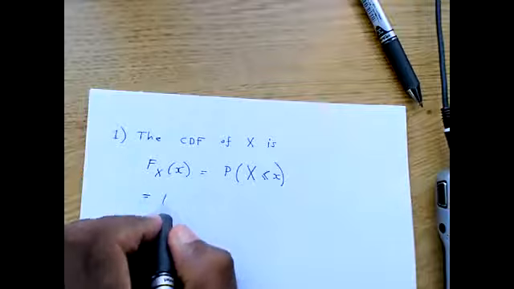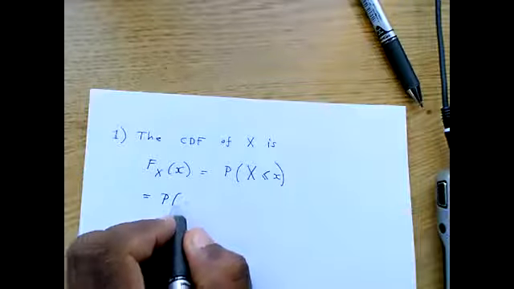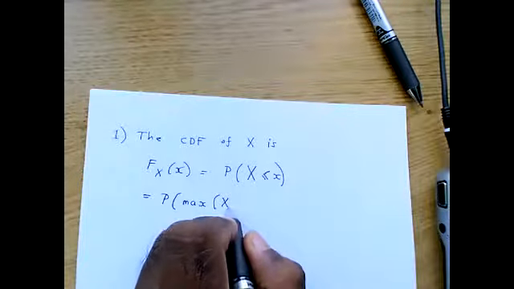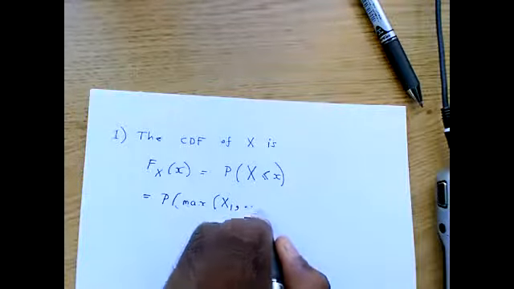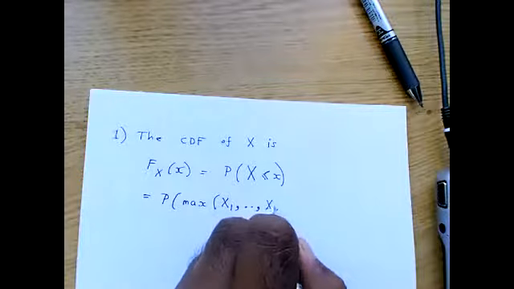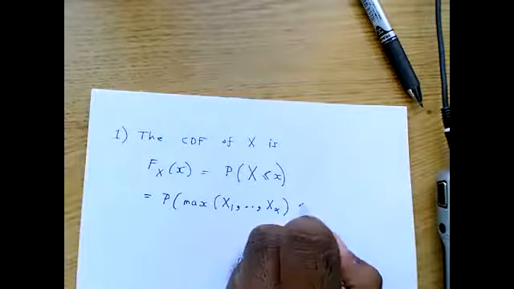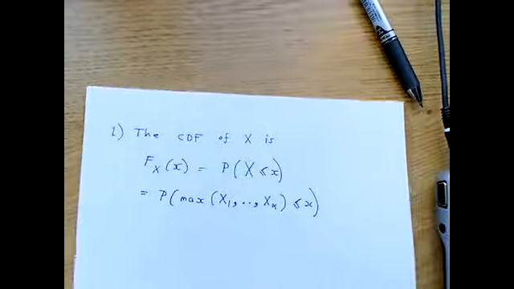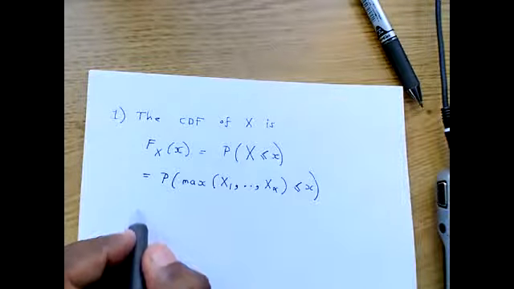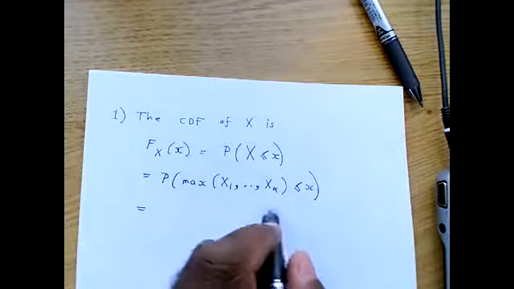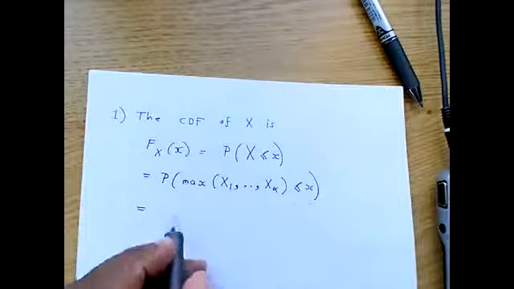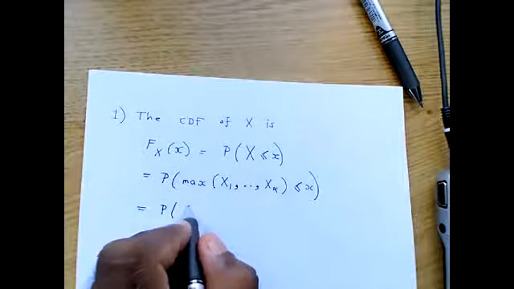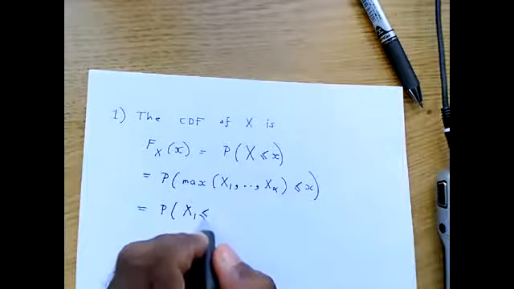It is the probability that the maximum of x1 to x alpha is less than or equal to little x, right? All right. Now, if the maximum is less than or equal to this, then each of the individual variables has to be less than or equal to that.